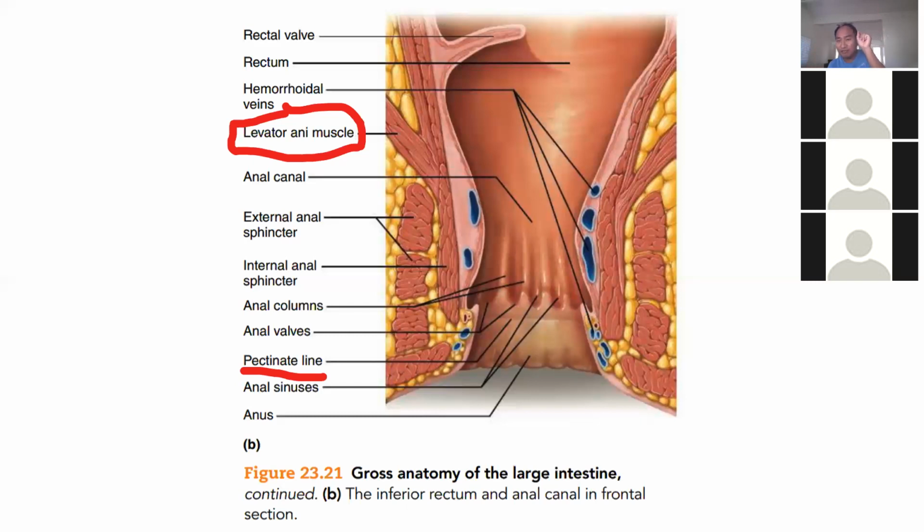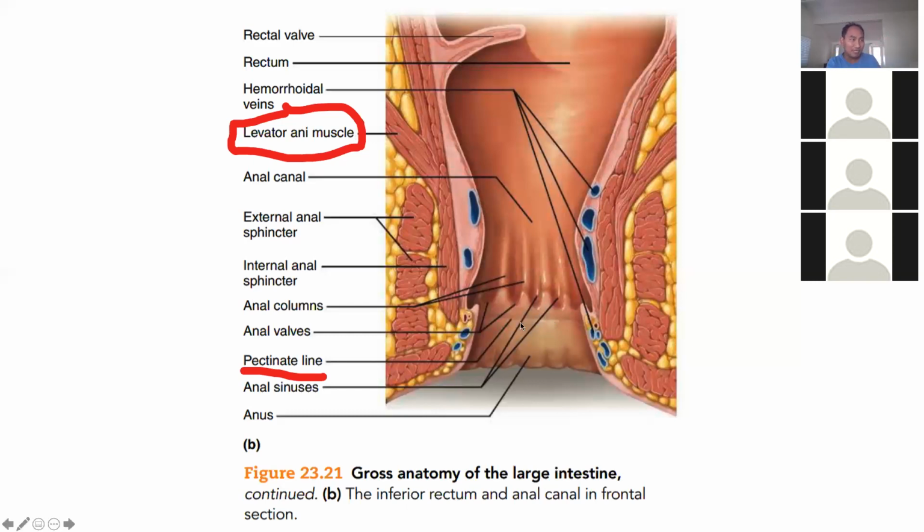If you take a little pin and poke somebody's anus outside, below the pectinate line, they will feel the sharp sensation. But if you poke above the pectinate line, inside, they might not feel it, because it is more like the autonomic nervous system. It has become visceral sensation.